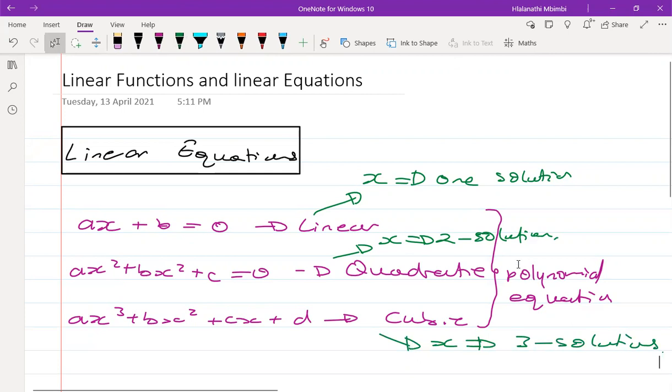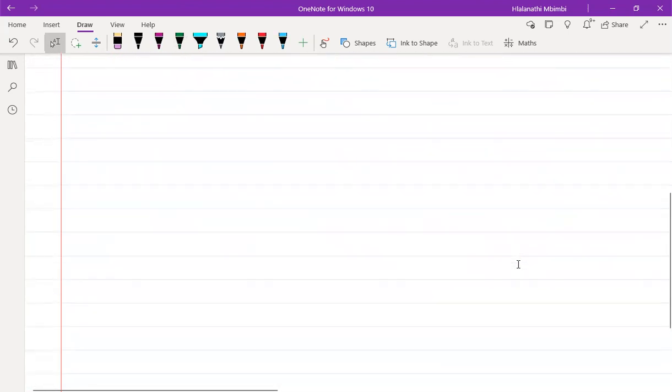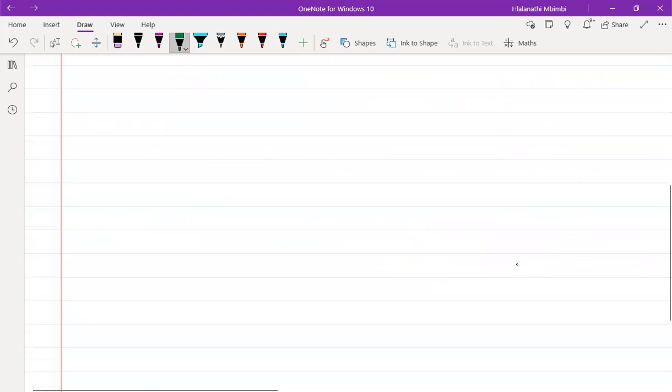Okay, let's dive in. So pretty much linear equations, you would have met them. So it's something like someone giving you 2x plus, or maybe let me just do it simple first. x plus 2 is equal to 4.